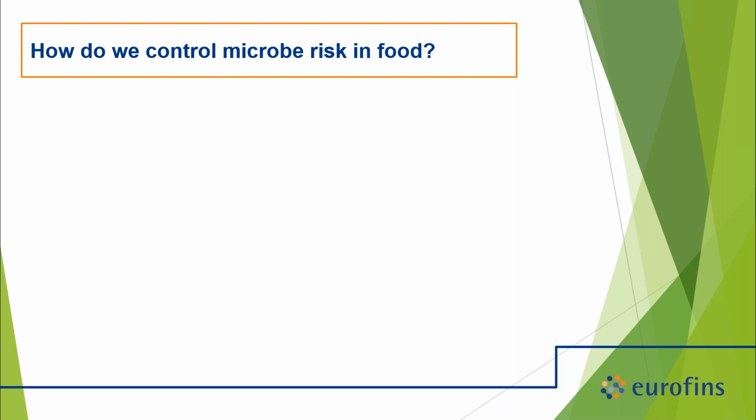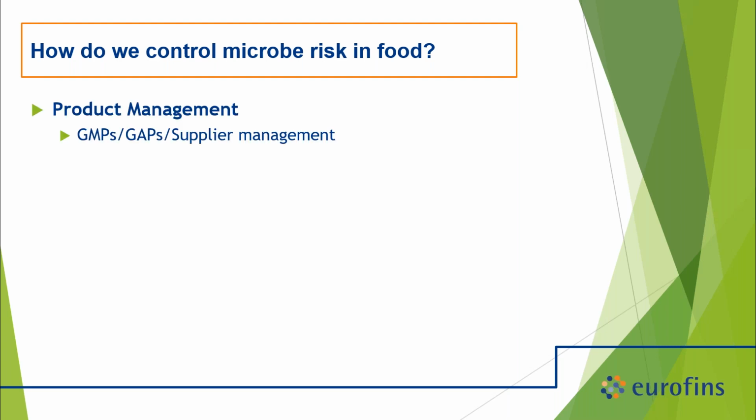So when we think about food production and the food industry, how do we as a society control microbe risk in food? There are two really big buckets with controlling microbe risk. There's the product itself, which we'll start by talking about, and then there's the facility. If we look at product management, how do we control the inherent risk that there might be from a microbial food safety risk and even a spoilage risk when it comes to food products?